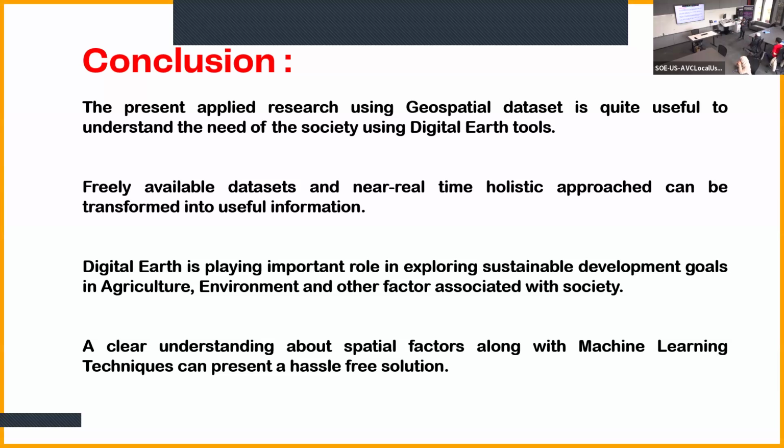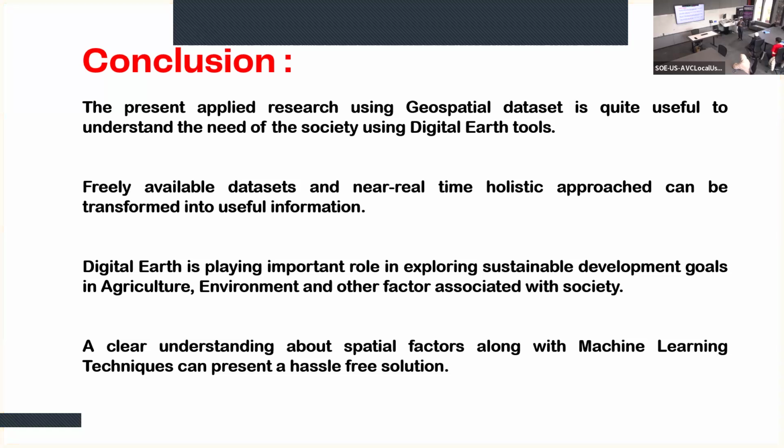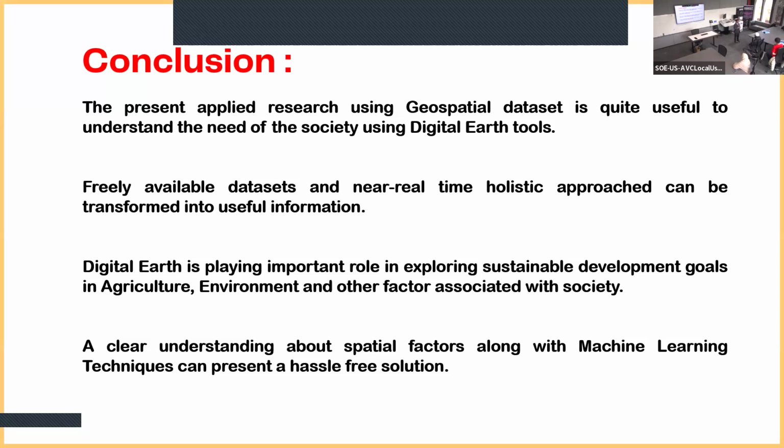As I already mentioned, freely available data sets and a near real-time holistic approach can be transformed into useful information. Because we have a deficiency of resources, we try to generate different types of resources using these freely available data sets. Now imagine, when you have full access to these data sets, what type of applications you can develop.